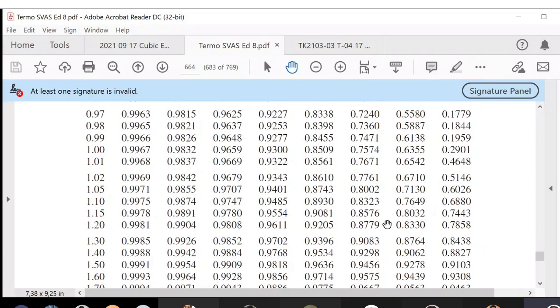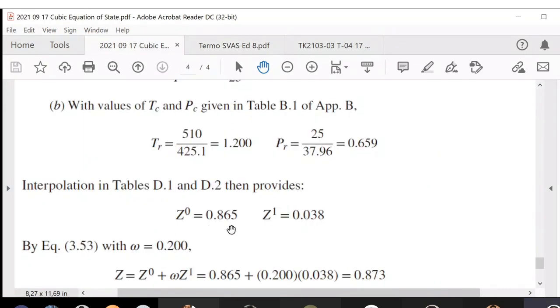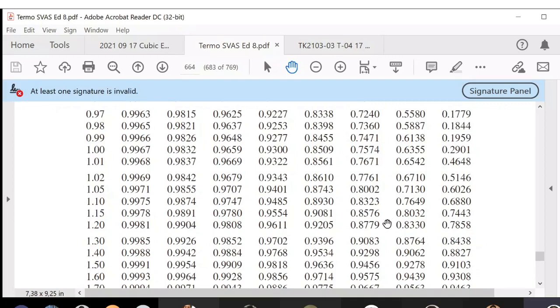So the value is approximately here. You need to find out using interpolation. You have learned how to interpolate last week. If it is in between, you calculate the delta with the neighborhood data, and finally we get that Z0 is 0.865, somewhere over here, in between 0.83 and 0.87.